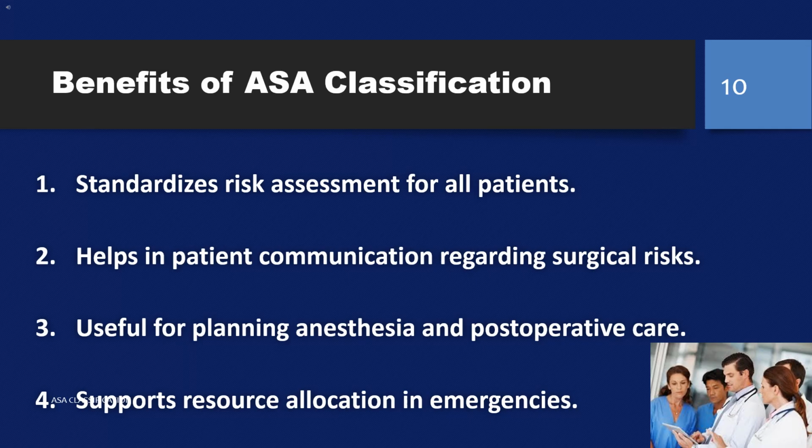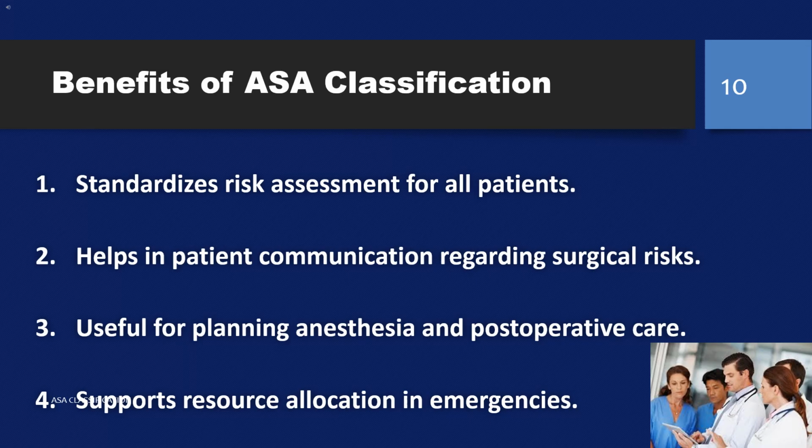3. Planning anesthesia and postoperative care. 1. Tailoring anesthesia care. The ASA classification helps anesthesiologists plan and tailor anesthesia care to the patient's needs. 2. Postoperative planning. It also guides planning for postoperative care and management. 4. Resource allocation. 1. Emergency preparedness.